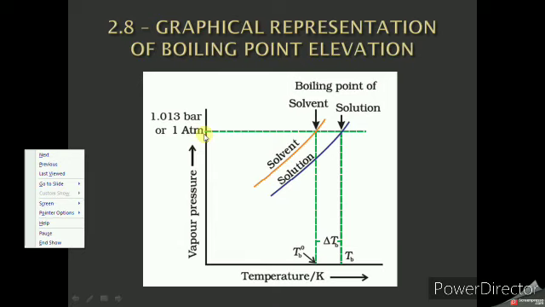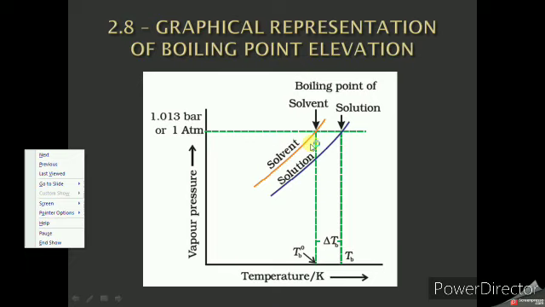So in order to reach the boiling point, the solution and solvent must be heated to a temperature at which their respective vapor pressures attain 1 atm. At any given temperature, the vapor pressure of the solution is lower than that of the pure solvent.